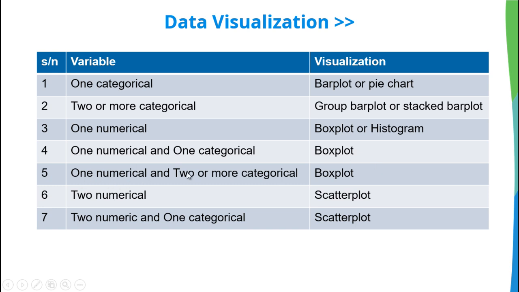One numerical and two or more categorical can also use a box plot. If you have two numerical, you can use scatter plots. Two numerical and one categorical also use scatter plots, where you group them by your categorical in different colors. These two slides will be very useful for us as we journey through our visualization concepts, so we'll know what to use to display what.